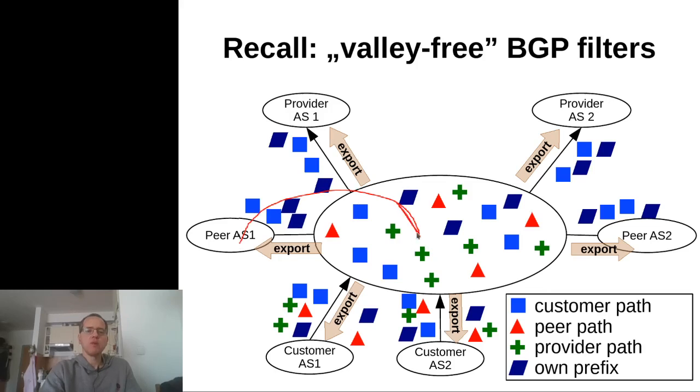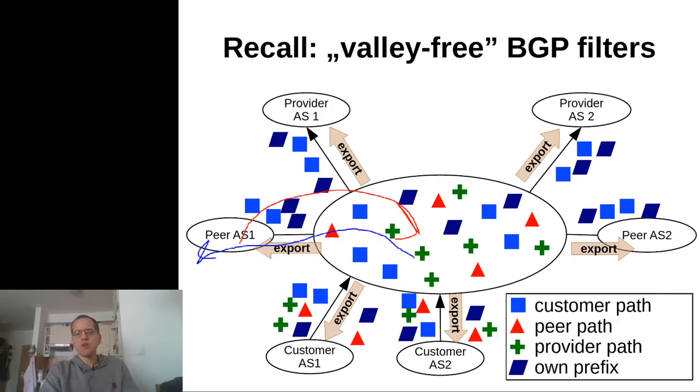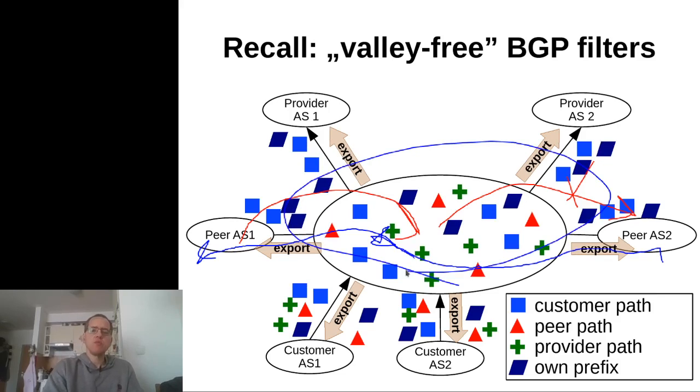Whenever we have a BGP announcement from a peer, which means that we have a path through the peer to a remote autonomous system, we will not re-announce these types of peer paths to other peers, because this would actually mean a non-valley-free path, which would take the succession of two peer-peer links, and it would not make economic sense for our autonomous system to provide transit service to two of our peers.